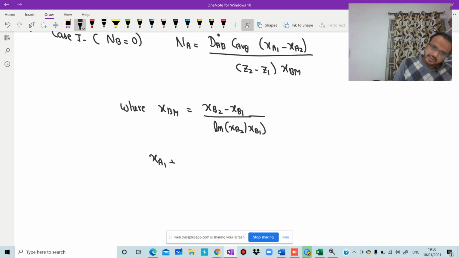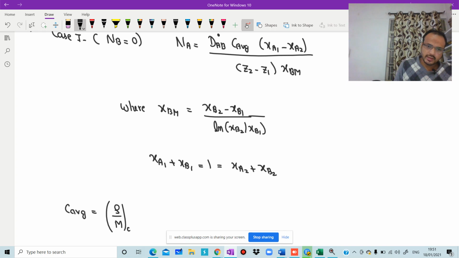In a similar manner, we have XA1 plus XB1 is equal to 1, and XA2 plus XB2 is equal to 1. And we know that C average is defined as rho by M average, that is (rho1 by M1 plus rho2 by M2) divided by 2.